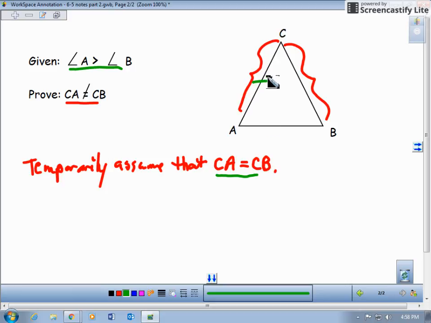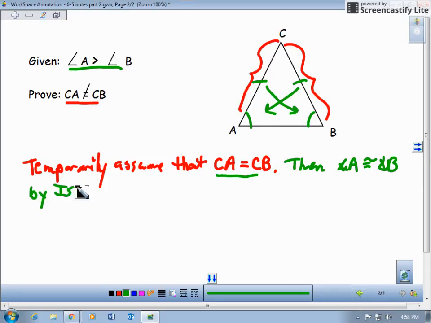Second step is we're going to use this information to disprove something in the given. Well, guys, if CA is equal to CB, then we would know angle A is congruent to angle B. Why is that? Because that's the isosceles triangle theorem. So angle A is congruent to angle B by the isosceles triangle theorem. I'm going to abbreviate here a little bit. That's step 2, because notice that I found that contradiction with the given.